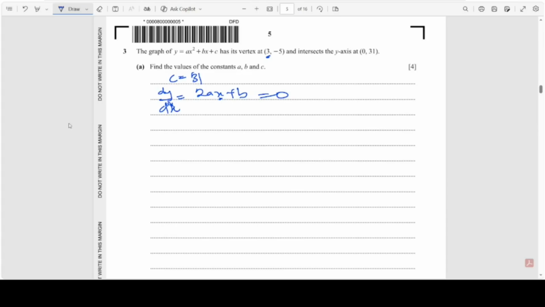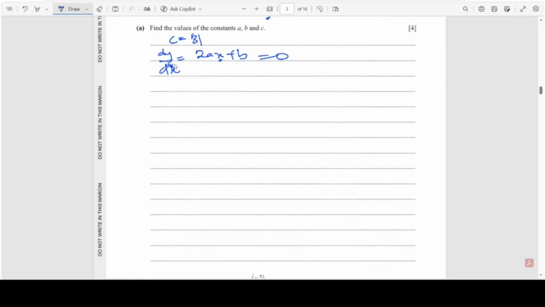We are going to get one equation, which is going to help us solve the value of a and b. So x is equal to 3. It means that our equation is going to be 2a times 3 plus b is equal to 0. Then we have 6a plus b is equal to 0, which is the same as the equation we had previously. This means that b is equal to negative 6a as our first equation.